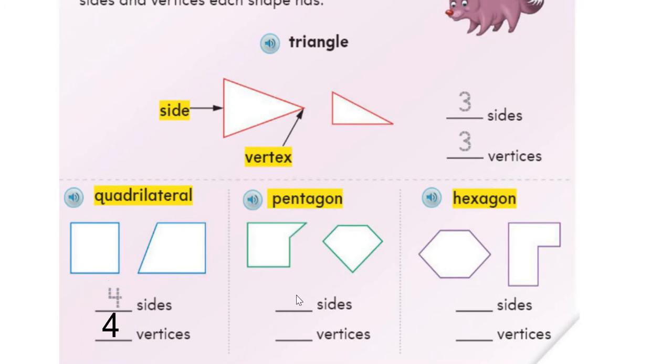Pentagon, we just said how many sides a pentagon has, and it also has the same number of vertices. Okay, hexagon, 1, 2, 3, 4, 5, 6 sides, and it also has 1, 2, 3, 4, 5, 6 vertices.